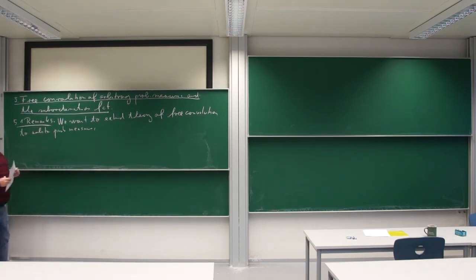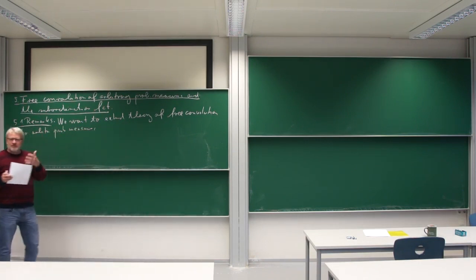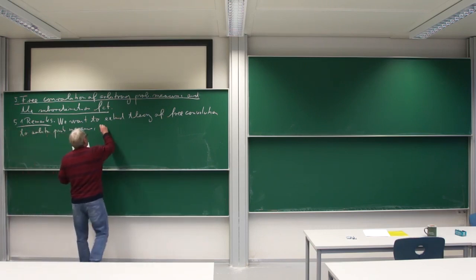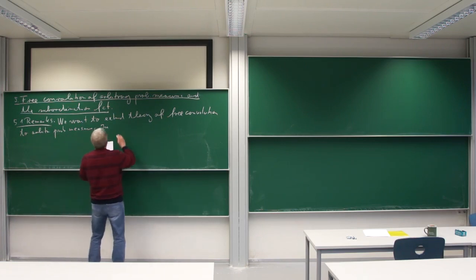Okay, and then, as I said, there are problems. We cannot just talk about moments and cumulants and translate this. And so it's not even clear how to directly define this object. And there are essentially two possibilities, two approaches for doing this.